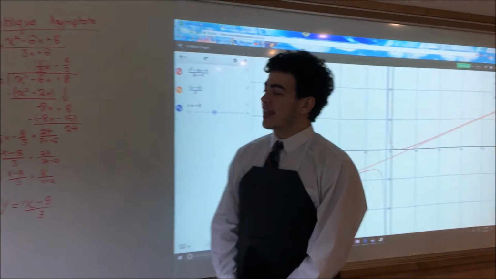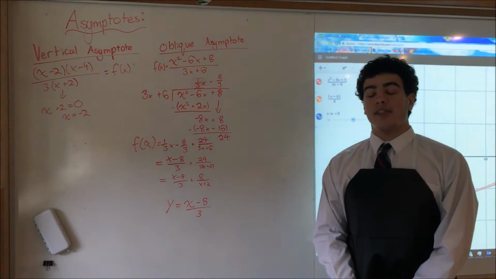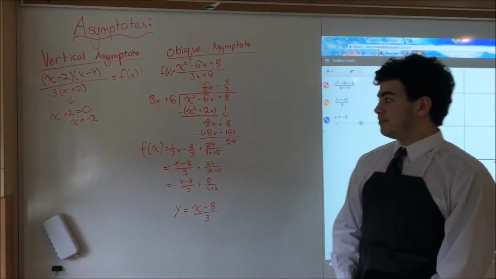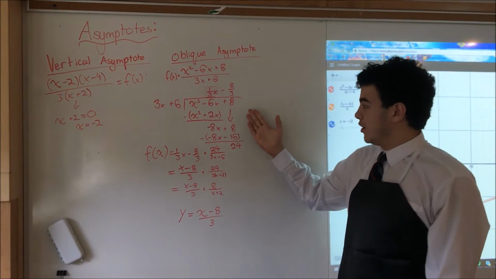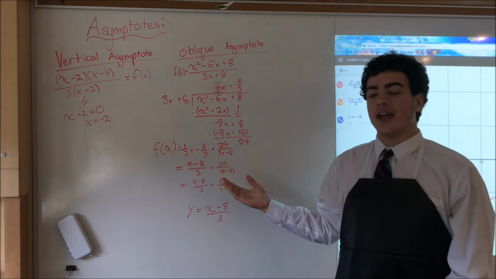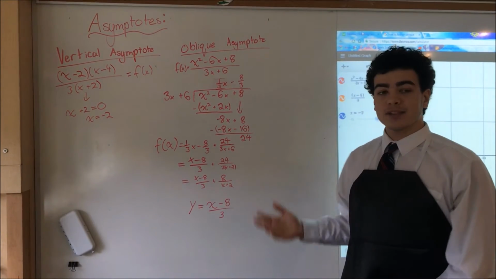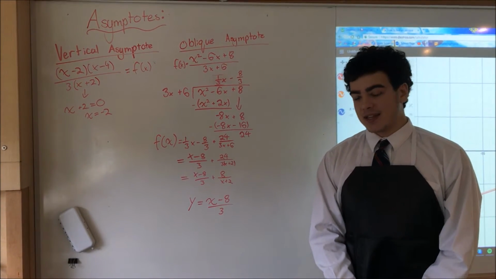Next, to find the oblique asymptote, we had to divide the numerator by the denominator, and then write it in the new form. To do this, you can see the division steps I've done here, and in the end we get the new f of x as 1 over 3 x minus 8 over 3 plus 24 over 3x plus 6.